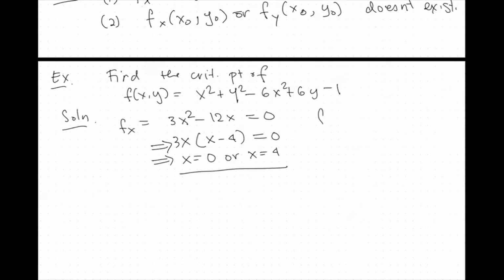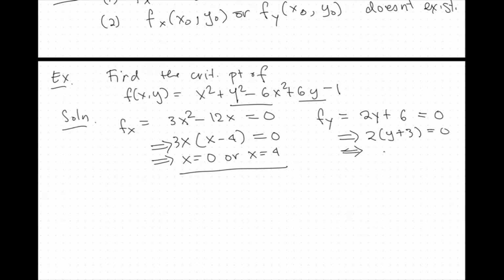And if we get the partial derivative with respect to y, this is 2y plus 6. If we equate this to 0, this implies that 2y plus 6 is equal to 0, which means that y is equal to negative 3.